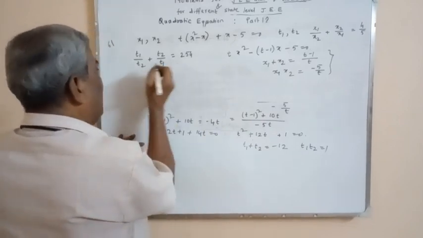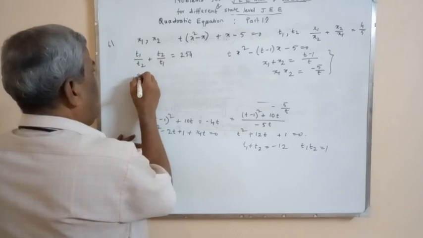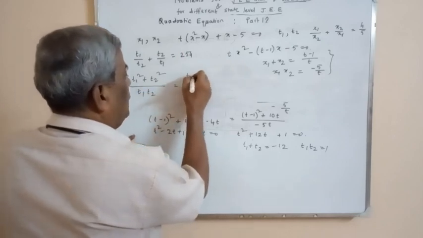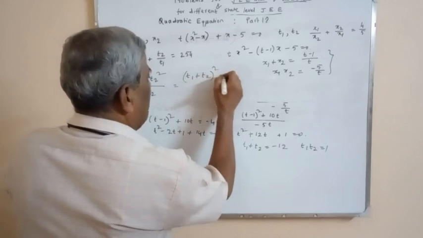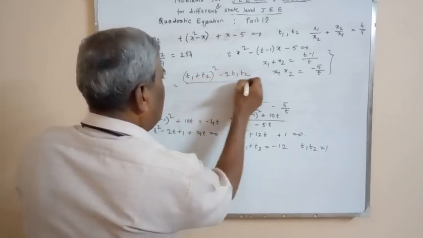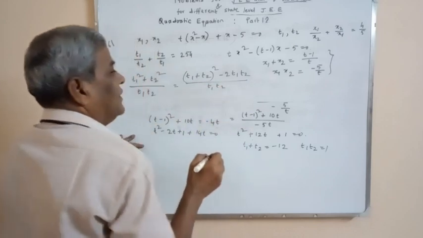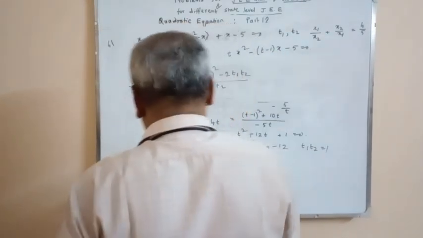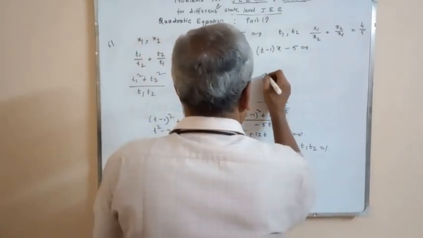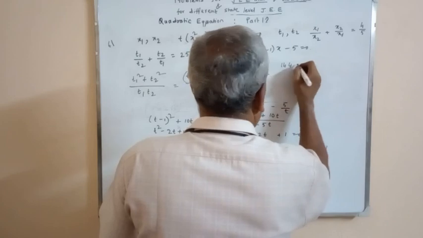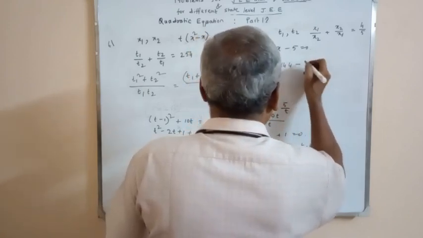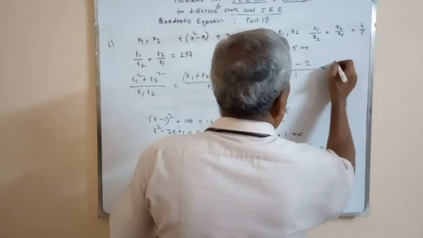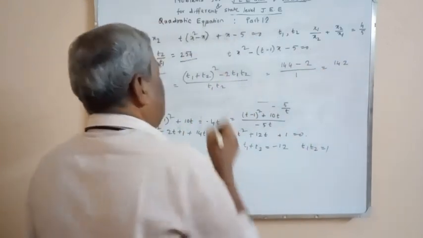This is equal to left hand side t1 square plus t2 square by t1 t2 is equal to t1 plus t2 whole square minus 2 t1 t2 by t1 t2, is equal to t1 plus t2 is minus 12 whole square, t1 t2 is 1, so minus 2 by t1 t2 is 1, so 142, but the answer is 254.